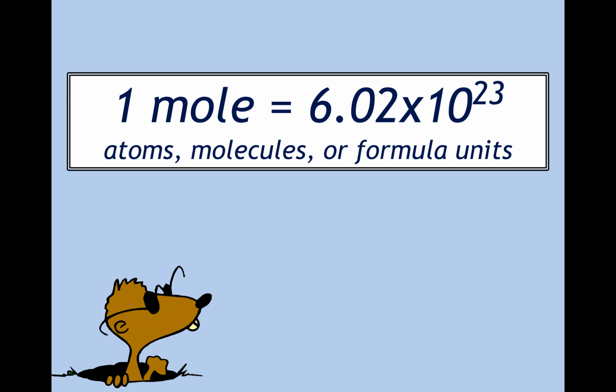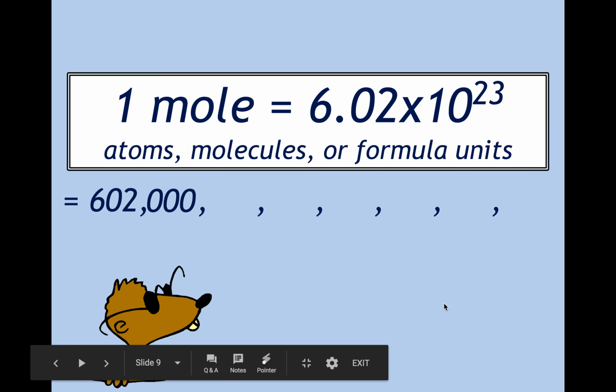The mole equals 6.02 times 10 to the 23rd. 1 mole equals that many of something. This would be like 1 dozen contains 12 eggs. This could be 6.02 times 10 to the 23rd atoms. We could have a mole of molecules, which would be 6.02 times 10 to the 23rd. We could have a mole of formula units, which would mean we have 6.02 times 10 to the 23rd.